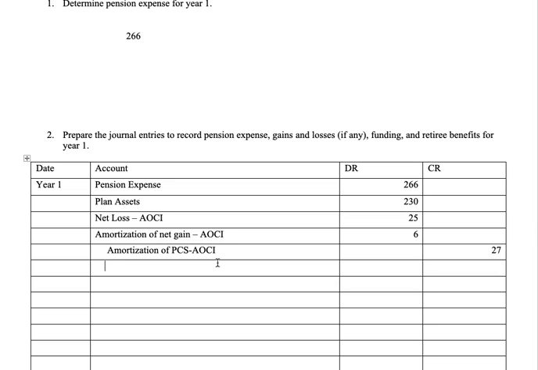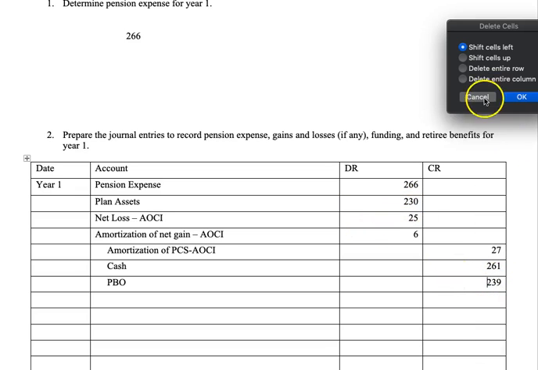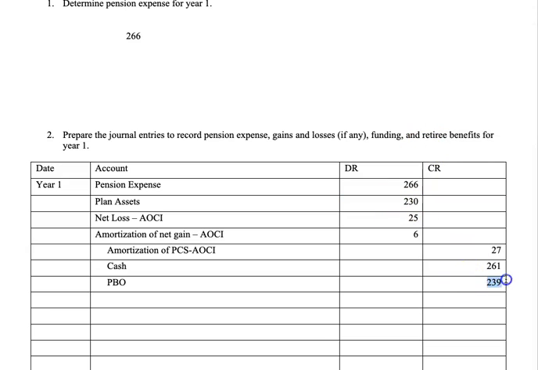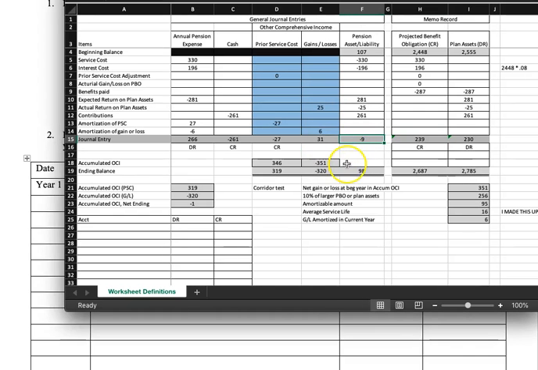Then we said we need to go in and hit cash for 261. And then last but not least, we hit our PBO for 239. And again, our plan assets at 230 and our 239 here create that balance of 9 overfunded that we saw in our handout right there.